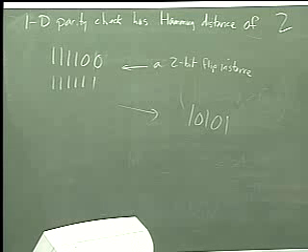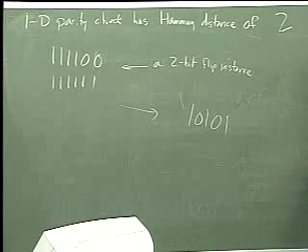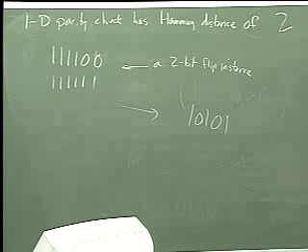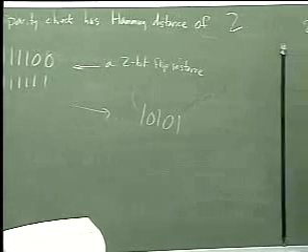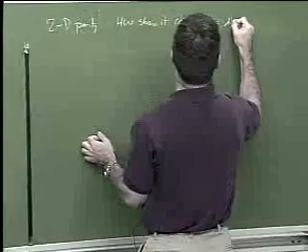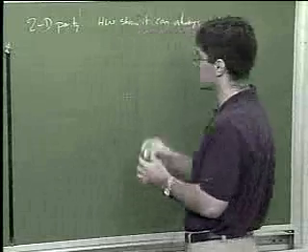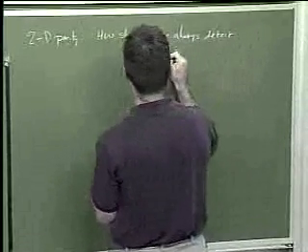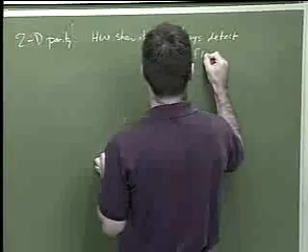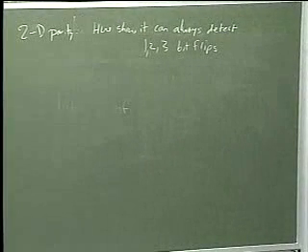So the 2D parity, right? There's a homework problem that says show it can always correct or always detect. It always detects 1, 2, 3 bit flips, right? So it has a Hamming distance of at least 4.